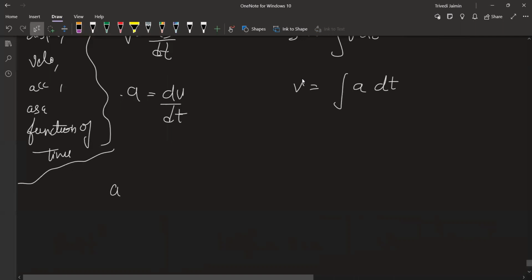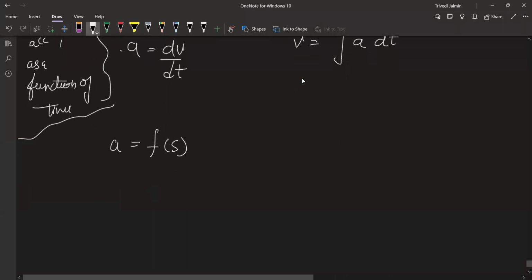But when a equals a function of s, that means displacement, then we need to do double differentiation or a different way. So what we'll do here, I'll just write directly here.